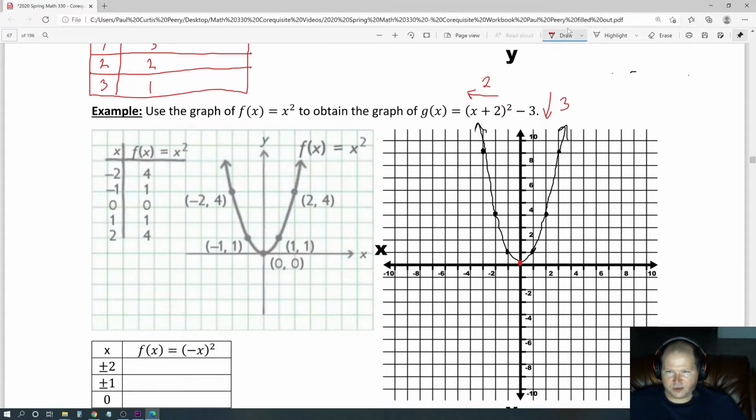So again, 2 to the left and 3 down. 1, 2, 3. 2 to the left, 1, 2, 3. 1, 2, 3. Now, 1, 2. So 2 to the left and 3 down. 2 to the left, 3 down, 1, 2, 3. To the left, 3 down, 1, 2, 3. To the left, 1, 2, 3 down. 2 to the left, 3 down.